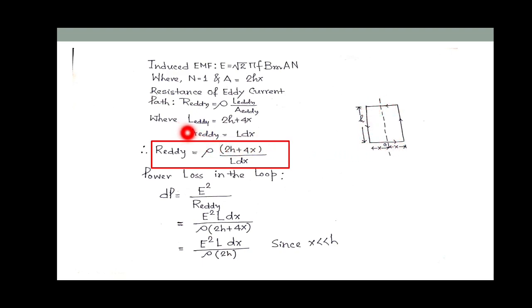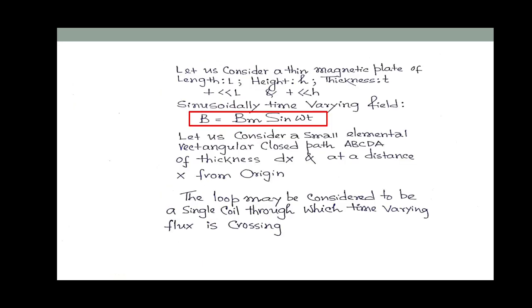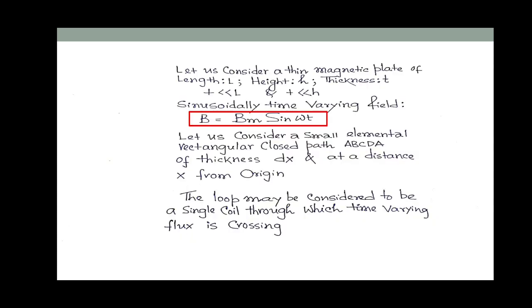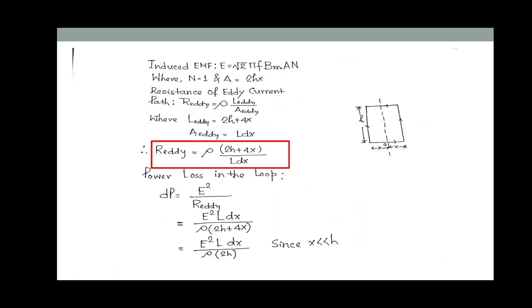That means the length will be 2h plus 4x, and the cross sectional area through which the current flows will be L into dx. So the resistance of the eddy current path can be expressed as rho into (2h plus 4x) by L dx.